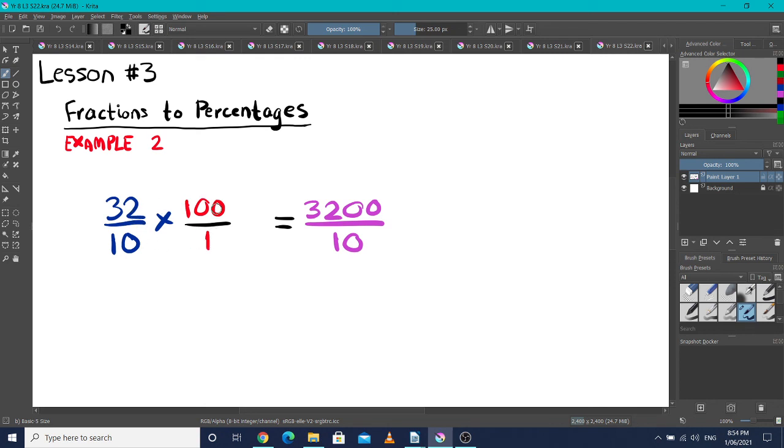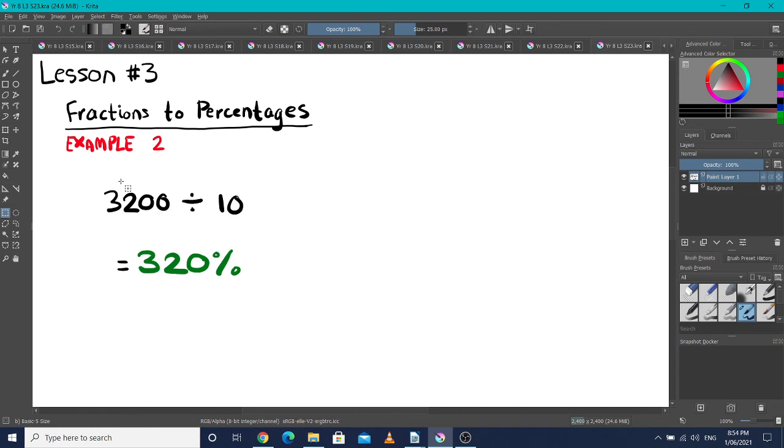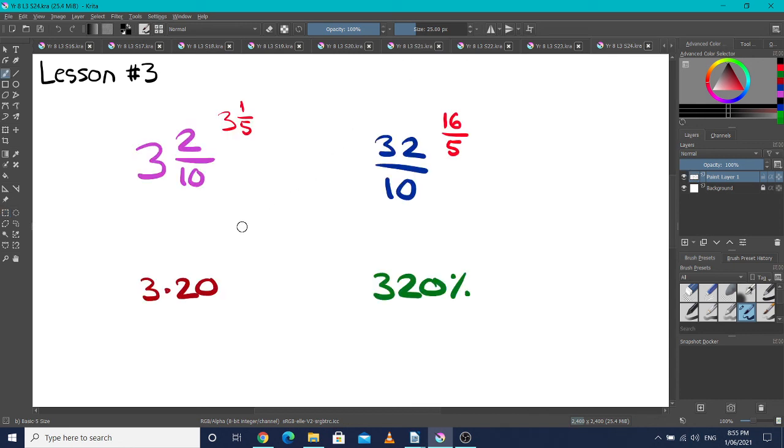So 32 times 100 is 3,200 and 10 times 1 is 10. We divide our numerator by our denominator. 3,200 divided by 10 gives us 320%. And now that we have our answer, all these fractions, decimals, and percentages represent the same quantity.